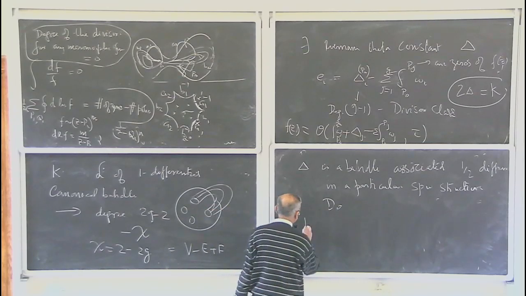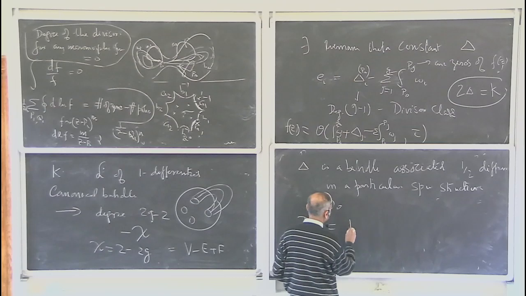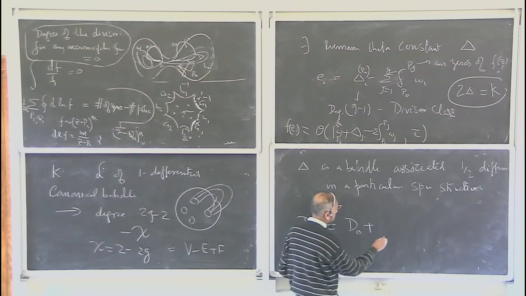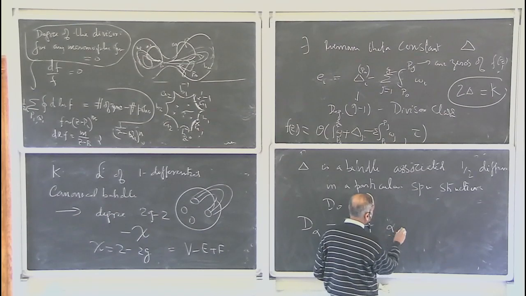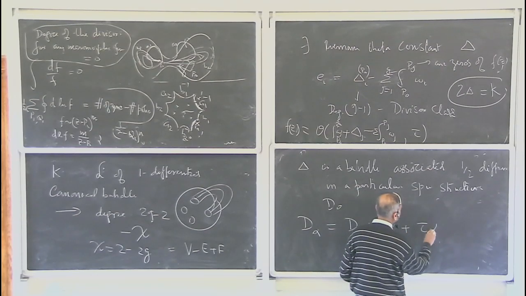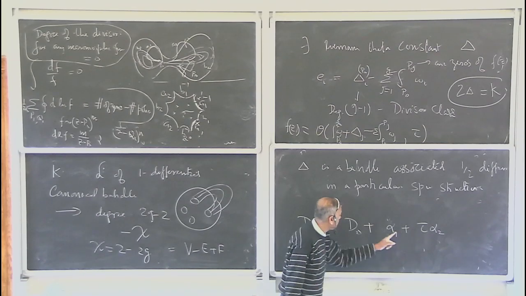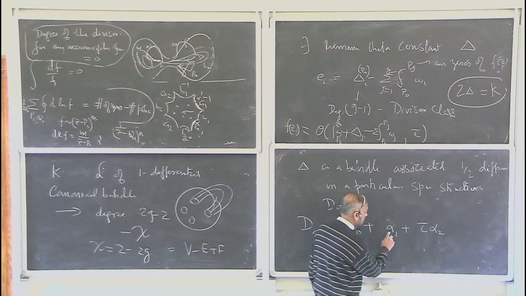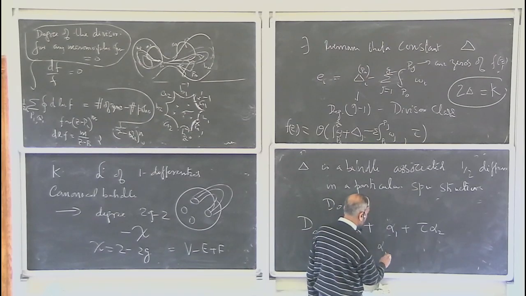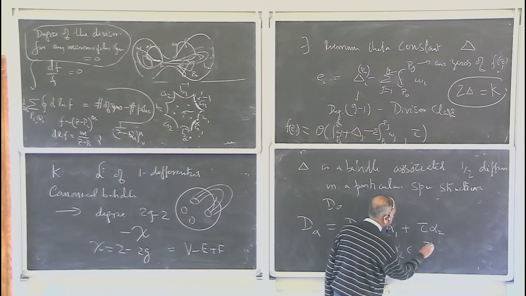So a general spin structure I can write as D0 plus 1/2 plus alpha 1 plus tau alpha 2. Okay. Where alpha 1 and alpha 2 are in 1/2 Z to the g, mod Z to the g.